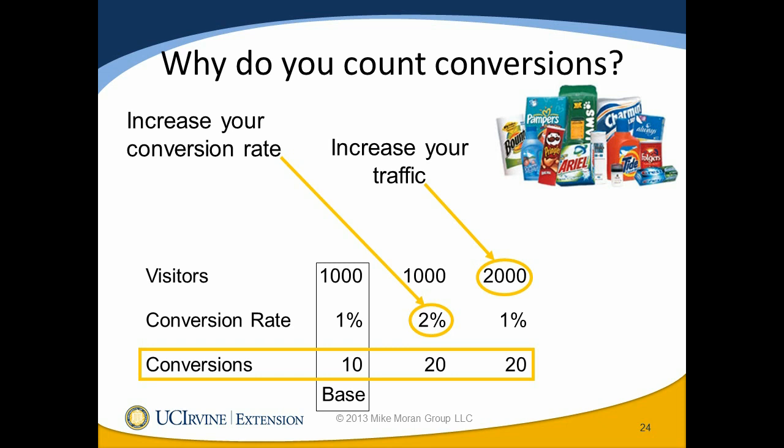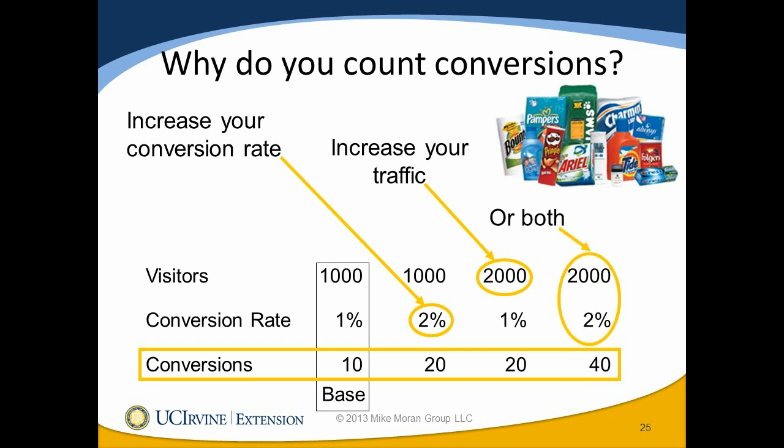Those are the only two things you really get to do. So if you're doing things in digital marketing that aren't designed to do at least one of those two things, you're wasting your time and money. You need to focus on how they're affecting these numbers. You don't have to be a math major in order to do this, but you do have to be willing to make decisions of what things are working and not working based on the numbers.